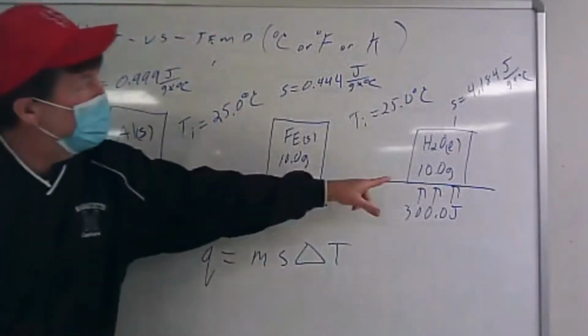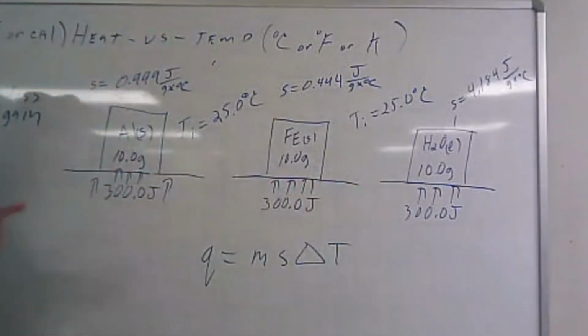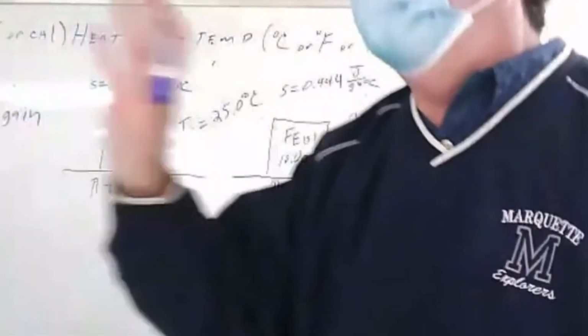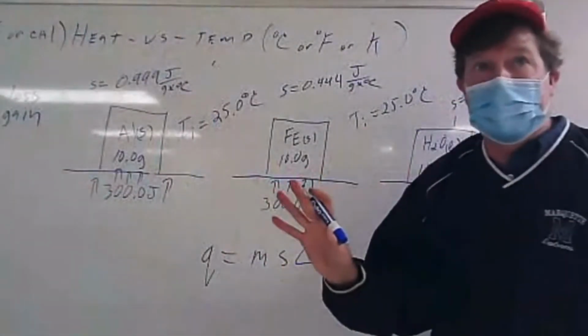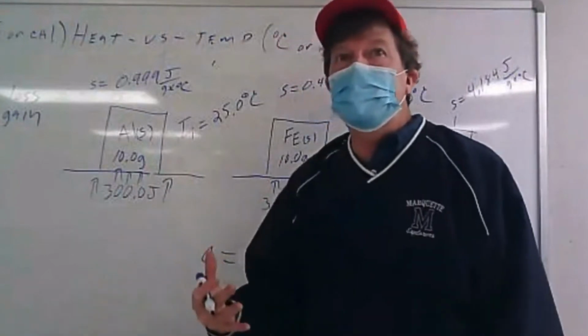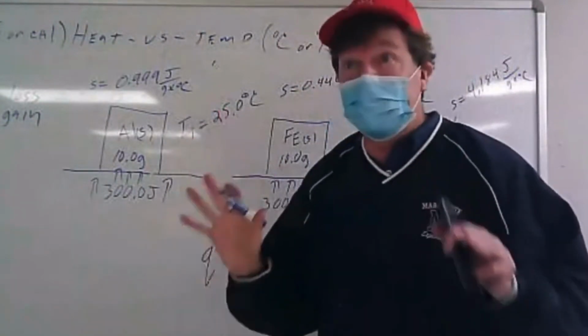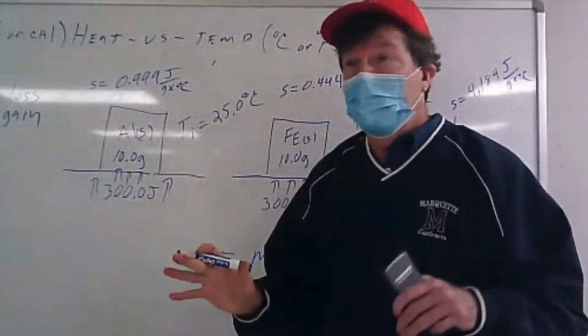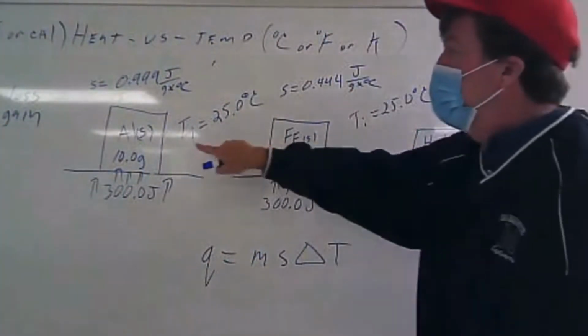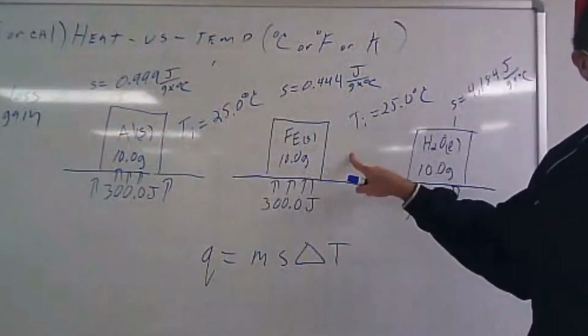So notice, big difference. When you were freshmen, we said water has a high specific heat capacity, which means it can gain and release heat without a big change in temperature. So look at the high specific heat capacity compared to these two metals. Big difference.